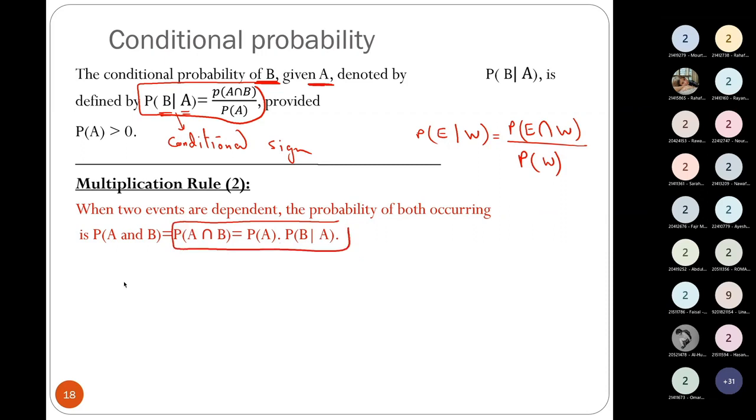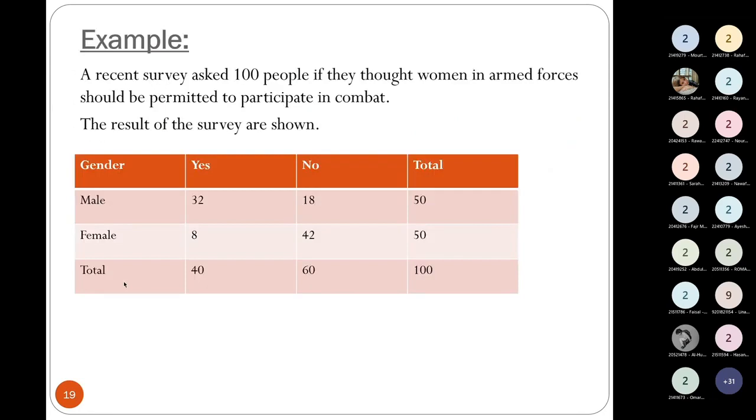If independent, the probability of the intersection equals the probability of A multiplied by the probability of B. But if dependent, the intersection equals the probability of A multiplied by the probability of B given A. Example about conditional probability.